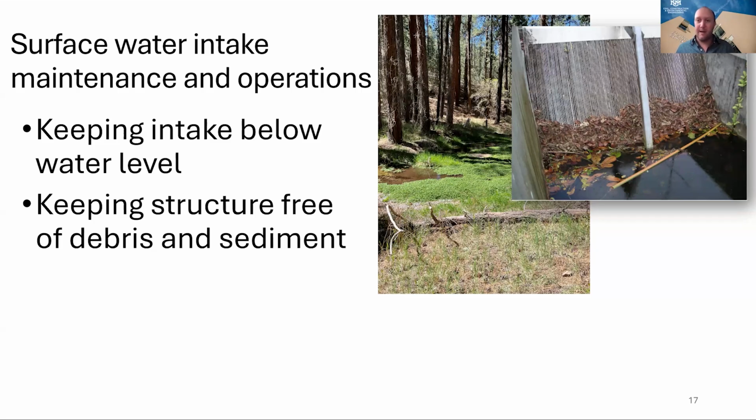Of course, we also had to do it manually. We had to take a rake and brooms and scrub this off, and pretty regularly had to manually clean it, probably once every week or so. So a lot of maintenance, a lot of upkeep with these structures. And at the one I worked at, right behind this, we also had a detector for oil and gasoline, because our stream was right next to a road, and we wanted to make sure we weren't taking in any fluids from vehicles, or even from a boat, because we were below a reservoir.